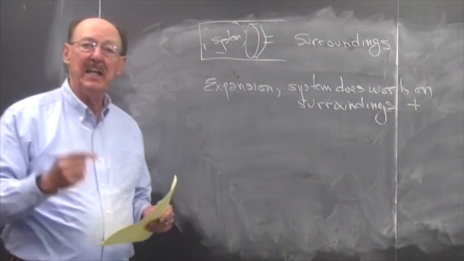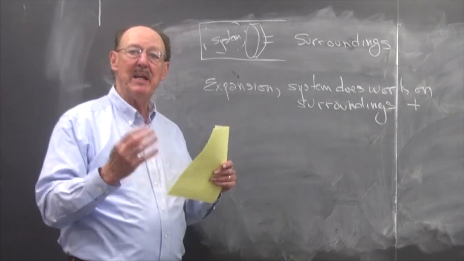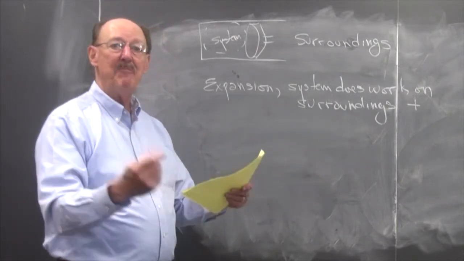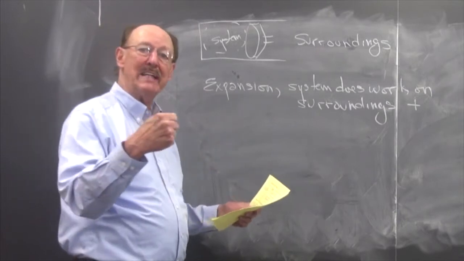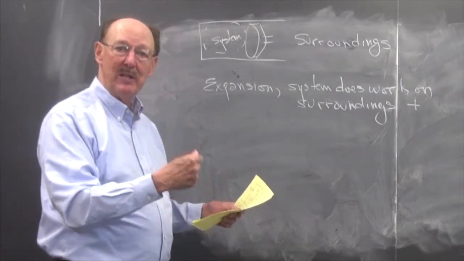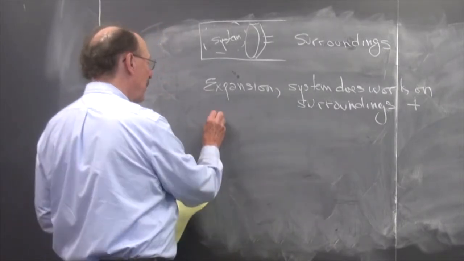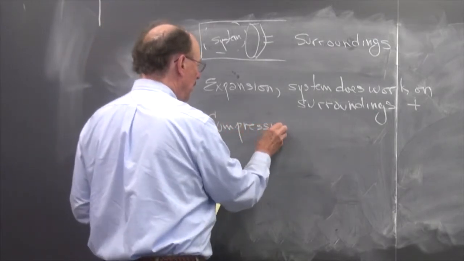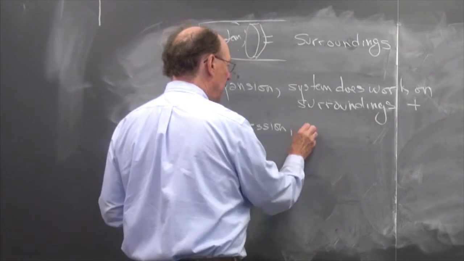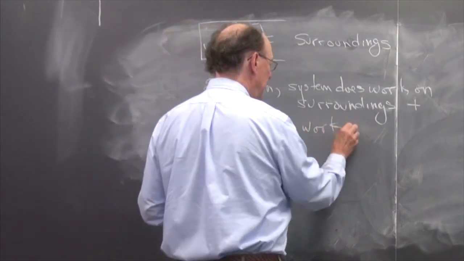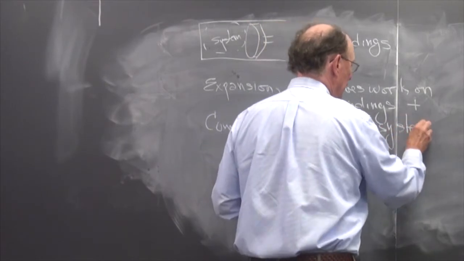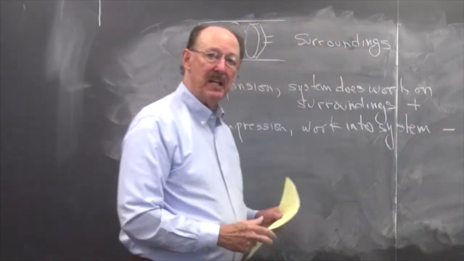So we associate that with a positive sign, so we have the system do work for us, it's a positive sign. If we're compressing it and we have to put work into the system, we're going to have it be negative. So if I have compression, work into system, has a negative sign associated.